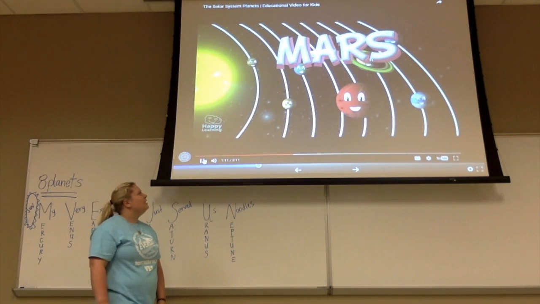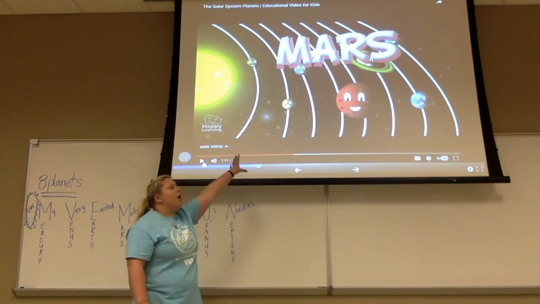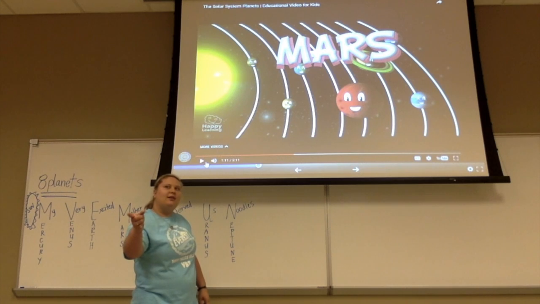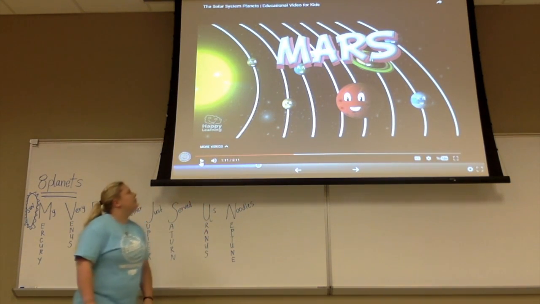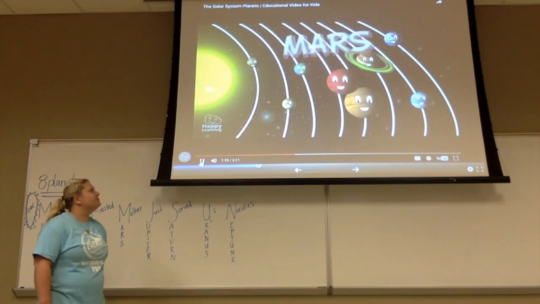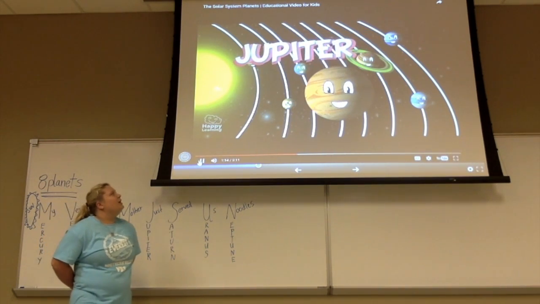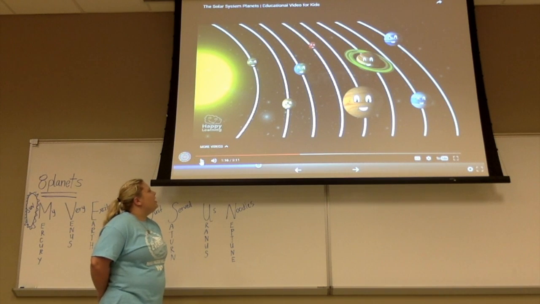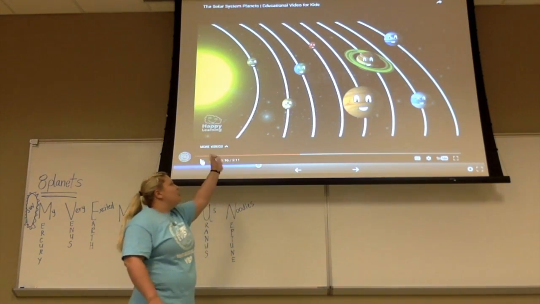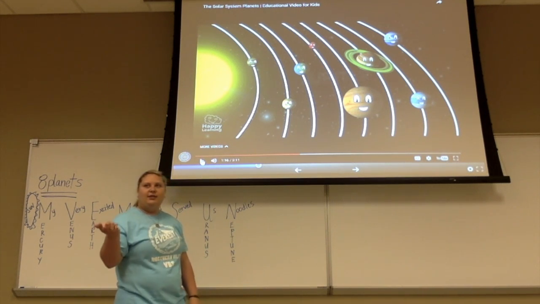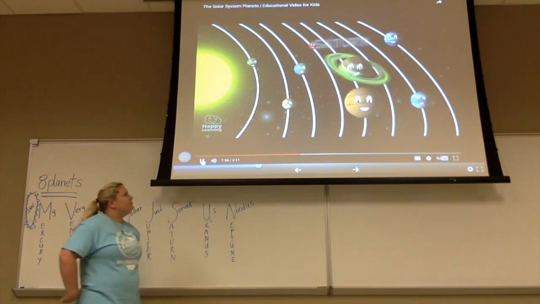Then there is Mars. All right, now we have Mars. Good. That's a short planet. That one has few letters. Jupiter, our largest planet. Now you say Jupiter. Good job.